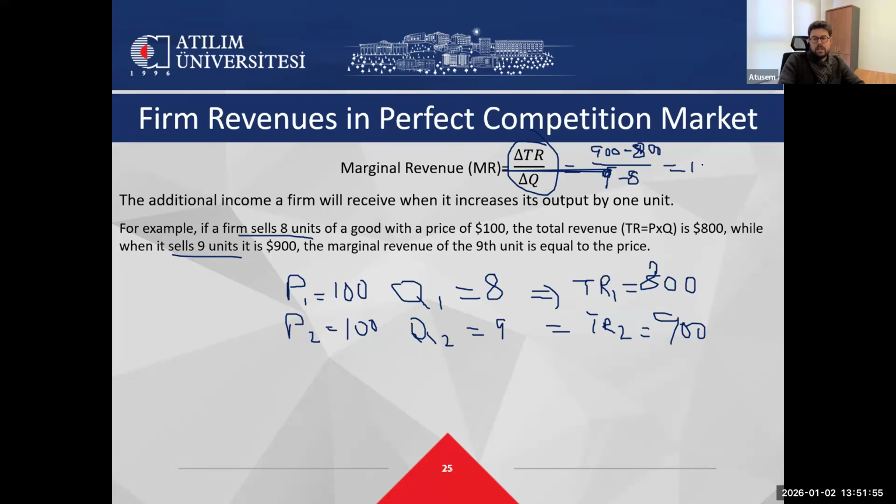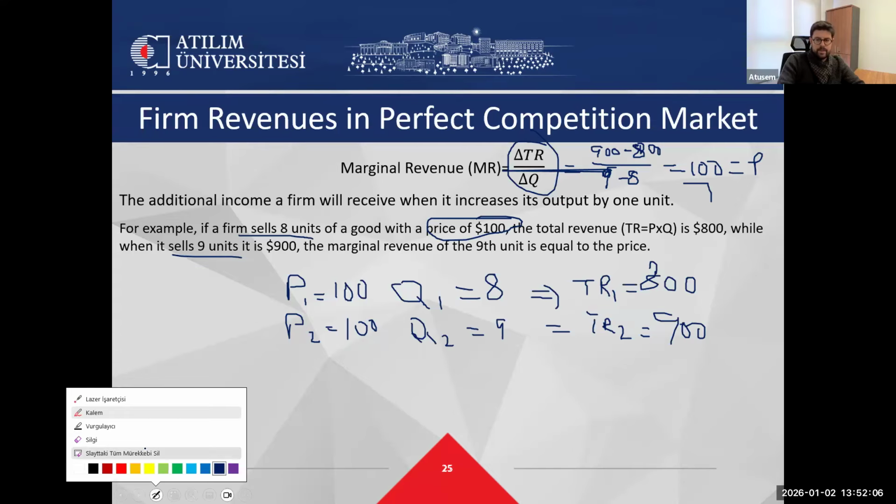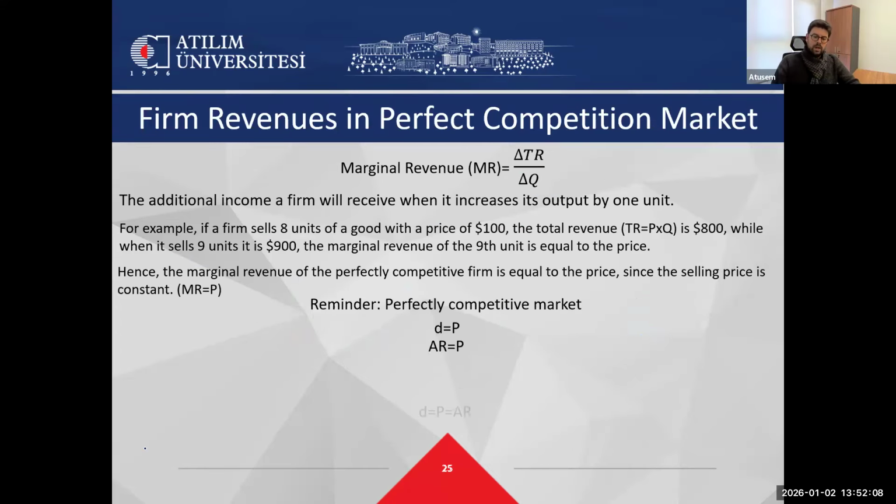So this is 100. And what is the 100? That is the price. So marginal revenue equals price. Okay. So we are able to say that demand equals price equals average revenue equals marginal revenue.